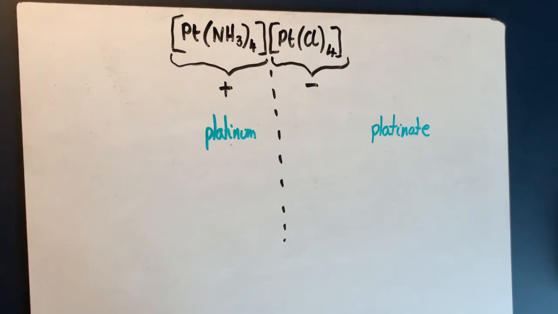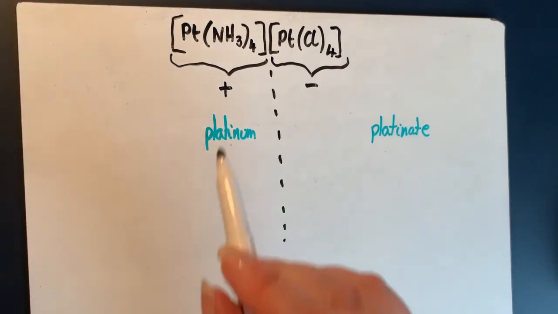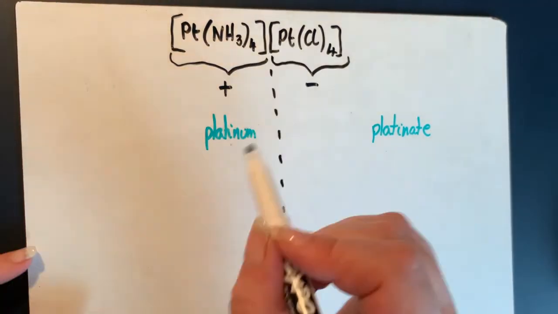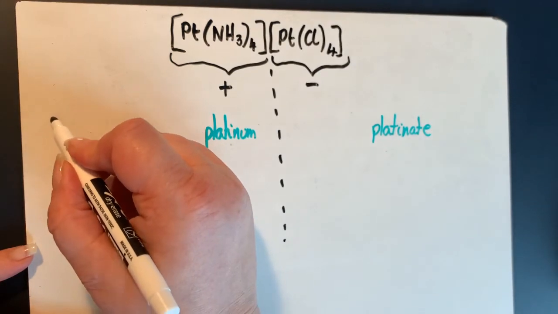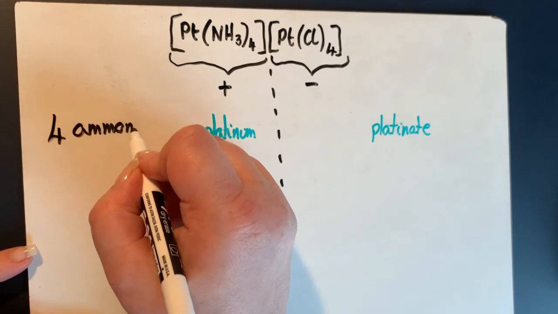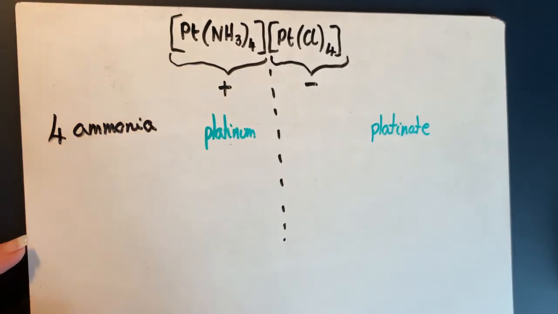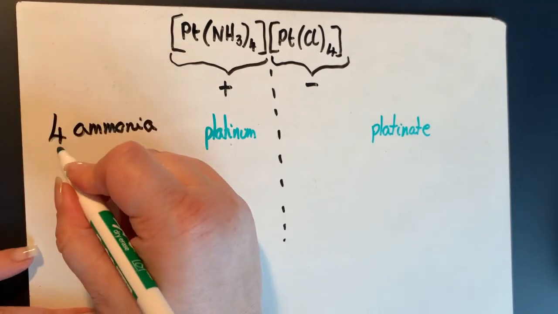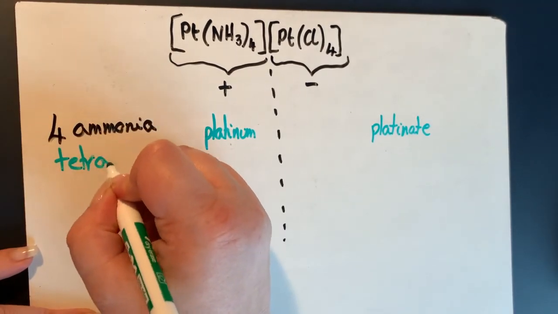On this first side, we've got 4 ammonia ligands. So that becomes tetraammine.